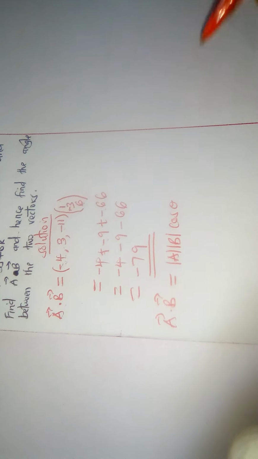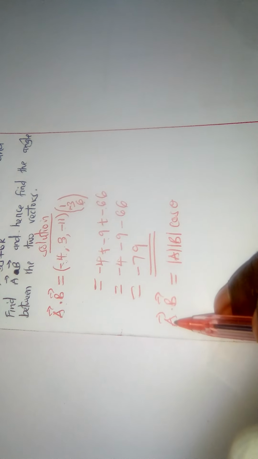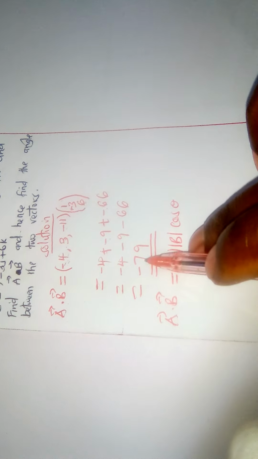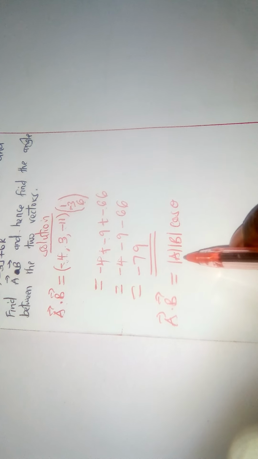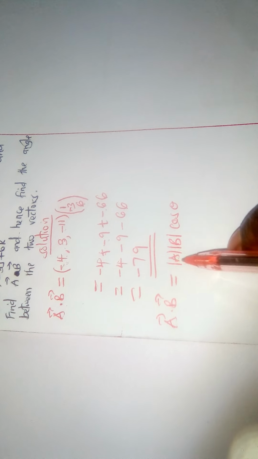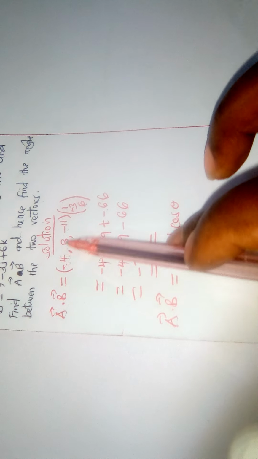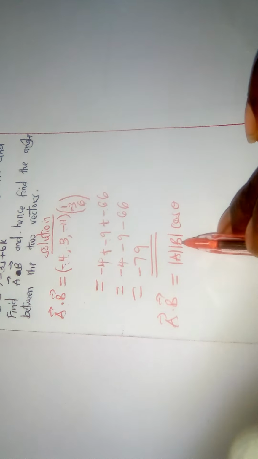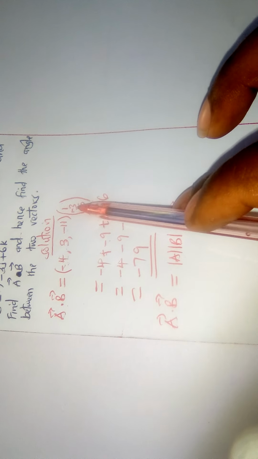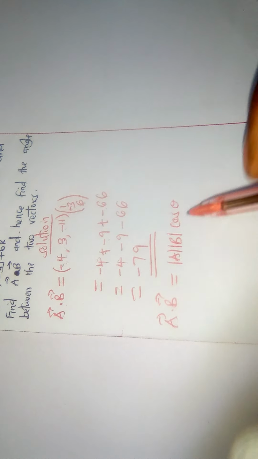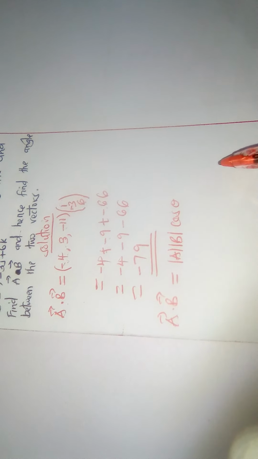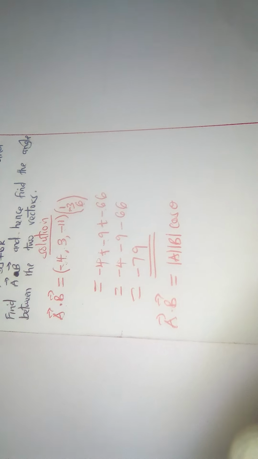Now, since we've gotten the dot product of A and B as negative 79, I'll be in a position of getting the magnitude of A, from the coefficients of i, j, and k in A. Then I get the magnitude of B from i, j, and k in B. Then from there, I'll get cos theta, which shall be very easy to get.